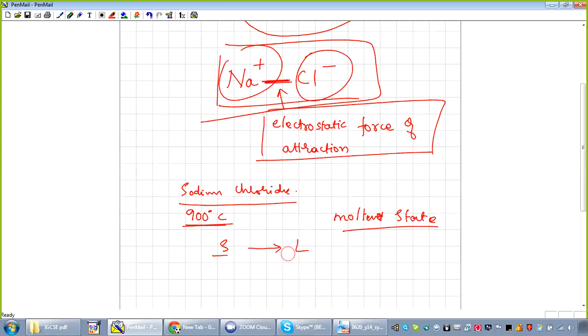If you take it to such a high temperature, then from solid sodium chloride you get liquid sodium chloride. Remember, it is not an aqueous solution; you have not dissolved it in water.